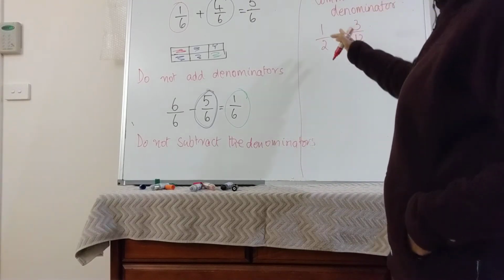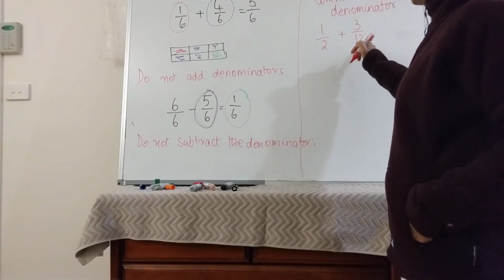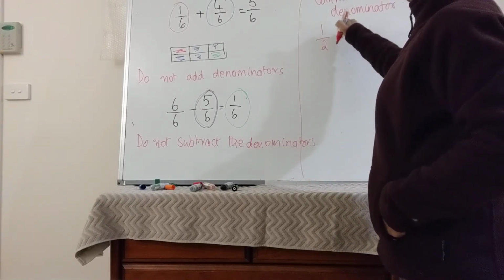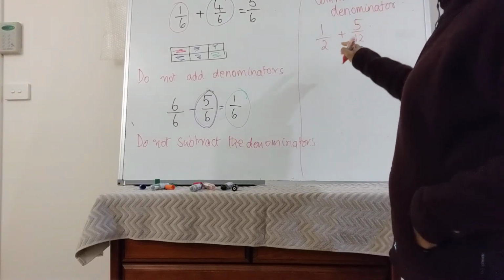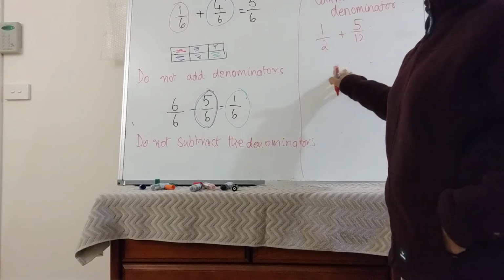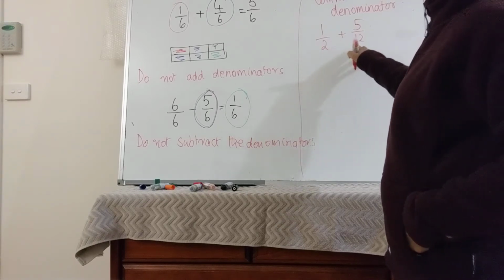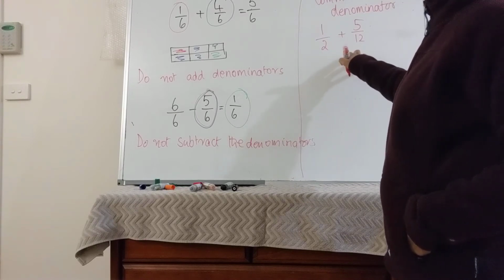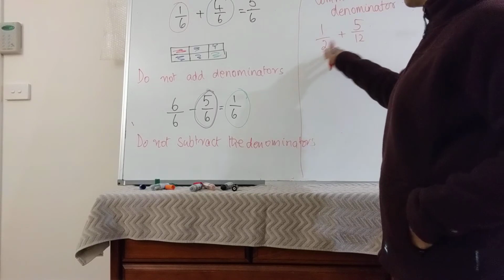Alright, 1 over 2 plus 3 over 12. So, 5 over 12. Now, both of these are different denominators. I need to find what is the common denominator for these two. I need to have them both the same.